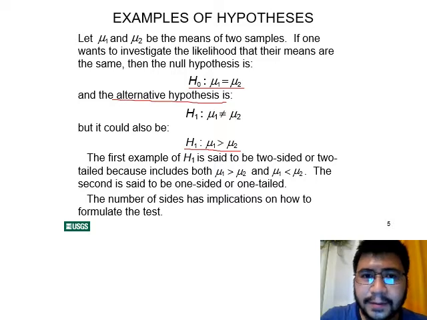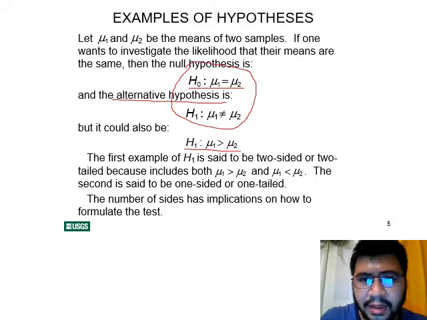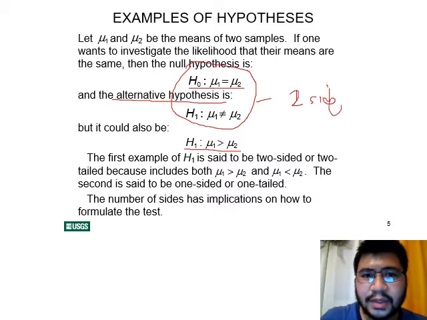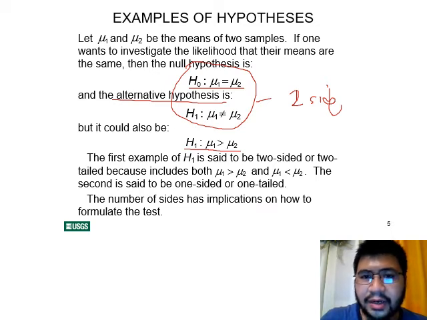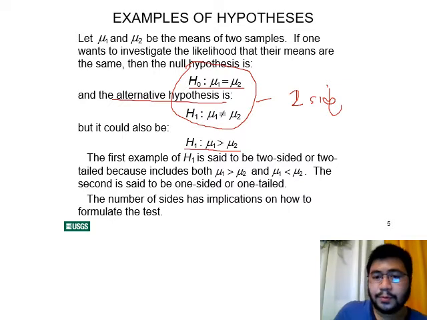Basically this example is what we call a two-sided test. Because the alternative hypothesis concerns the side where mu1 is actually greater than mu2, and also concerns the other side where mu2 is greater than mu1.